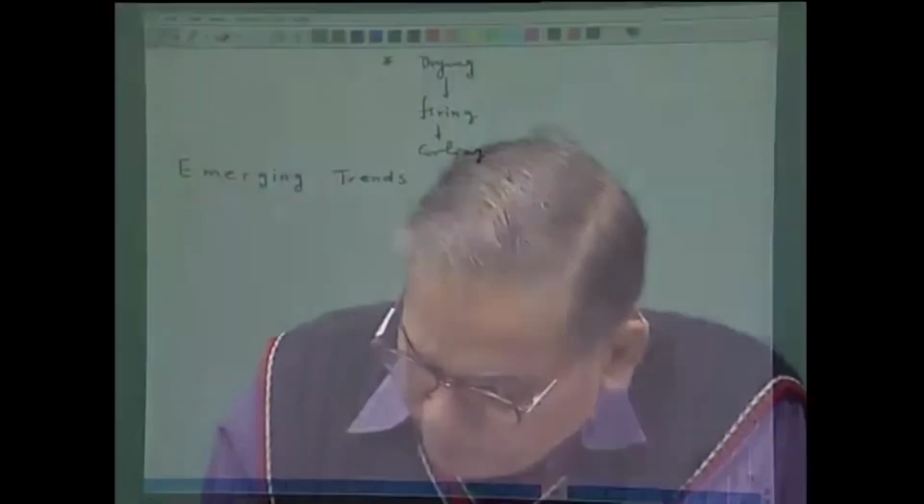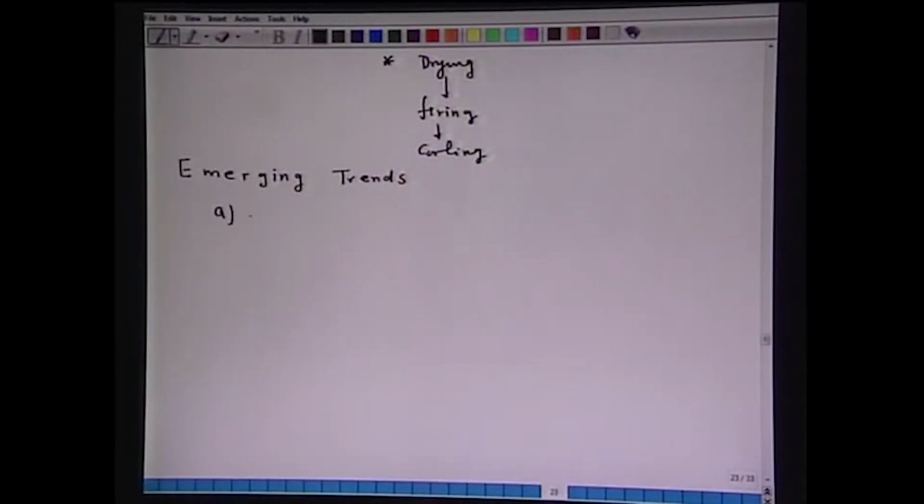The first is development of high quality refractory for critical applications. Critical applications mean those areas in the reactor where erosion and corrosion of the lining is maximum.